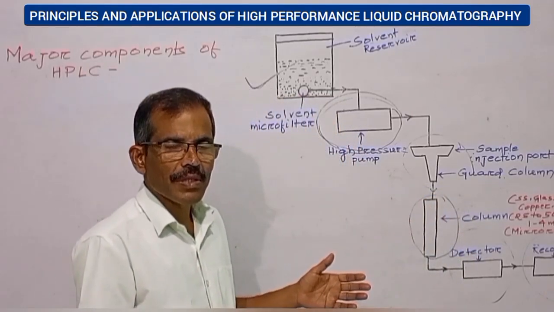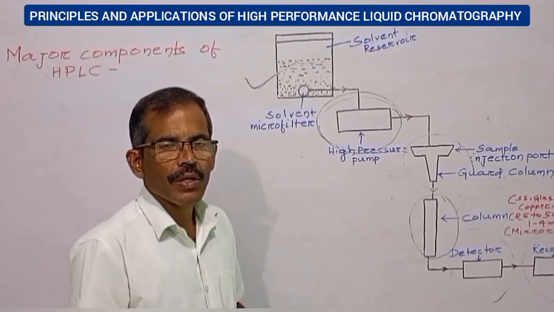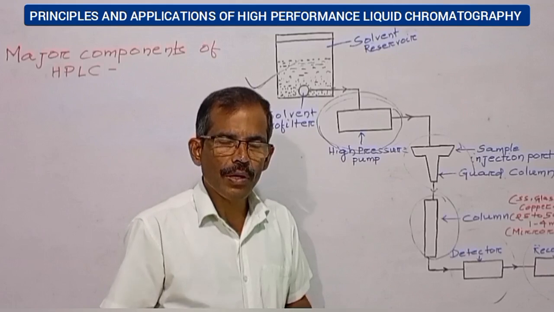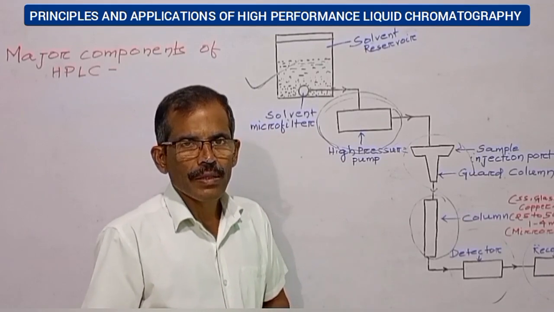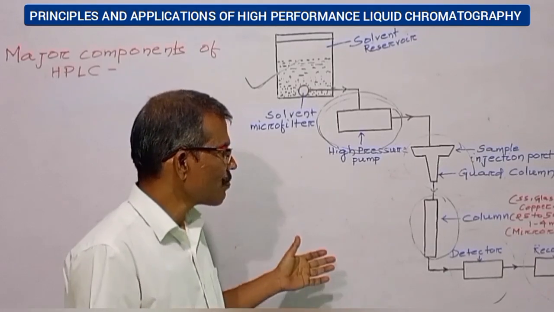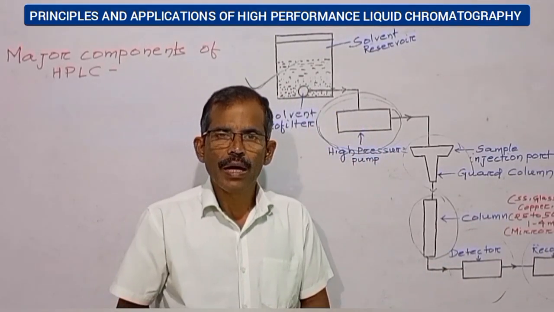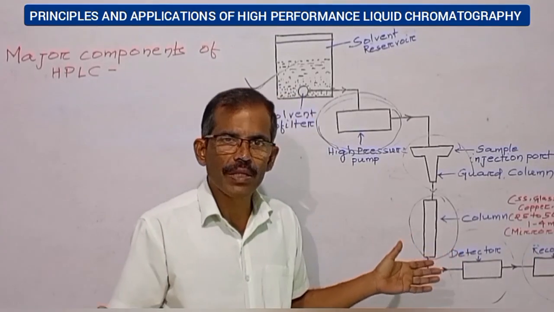The columns that are used in HPLC are made up of stainless steel, glass, copper, aluminium or PTFE. The length of the column is from 25 to 50 centimeter and its internal diameter is from 1 to 4 millimeter.